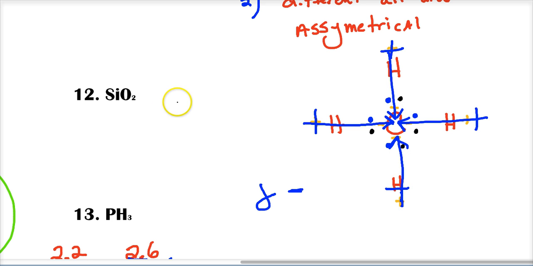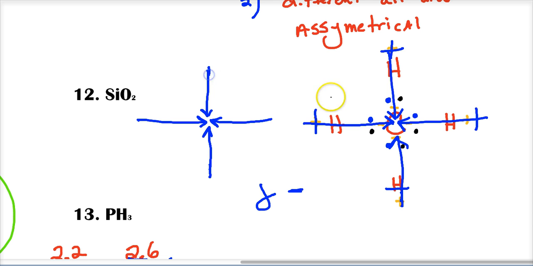Think with me for a second. I have 4 equal forces, and they're all pushing in. If these arrows are all the same size, and the size of the arrow is indicative of the difference in electronegativity, think with me. Wouldn't this force cancel out this force? They're just opposing forces.